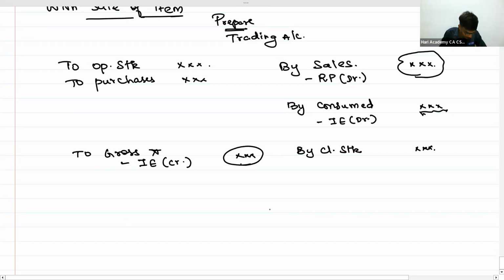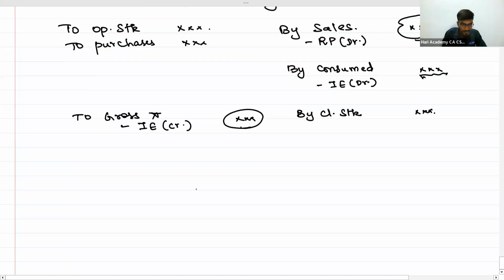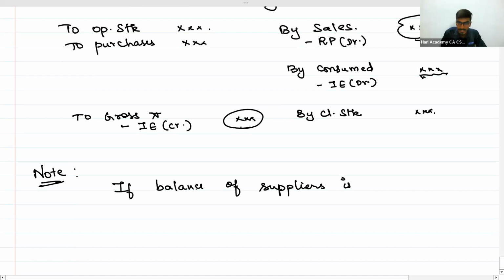Next, there may be another difficult possibility, that they may test you on the basis of balance from supplier. The most important thing you need to note down is if the balance of supplier is given, meaning balance of creditors is given to you, then prepare the supplier account.